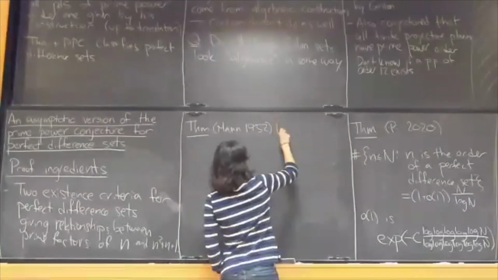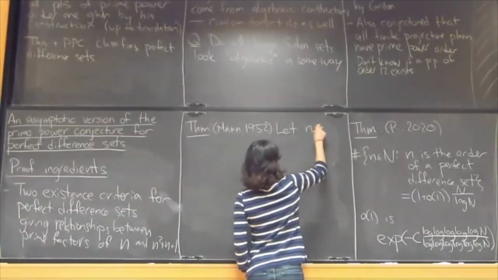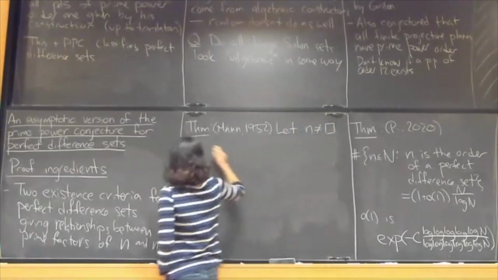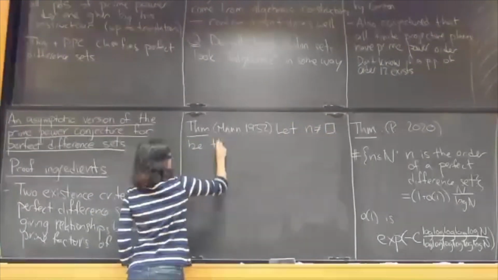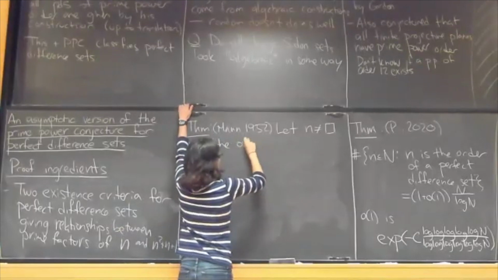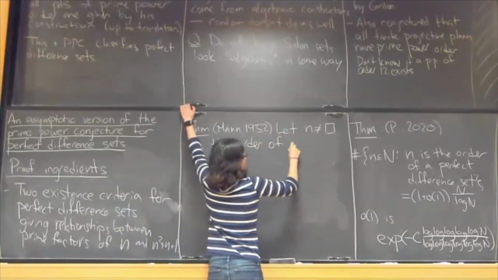So it says that we let n not be a perfect square and be the order of a perfect difference set.